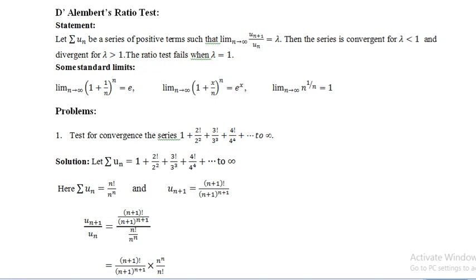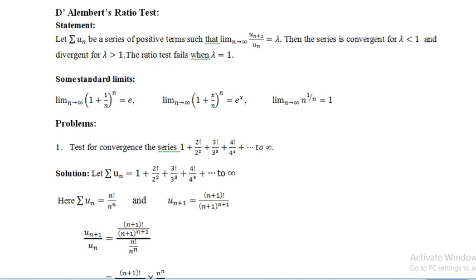Then the series is said to be convergent if lambda is less than 1, and divergent if lambda is greater than 1. D'Alembert's ratio test fails when lambda is equal to 1.